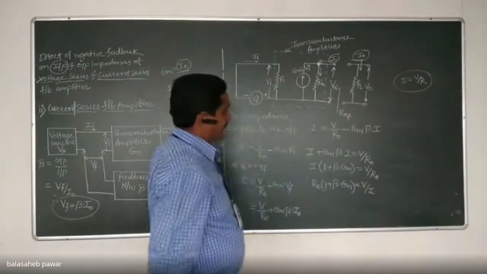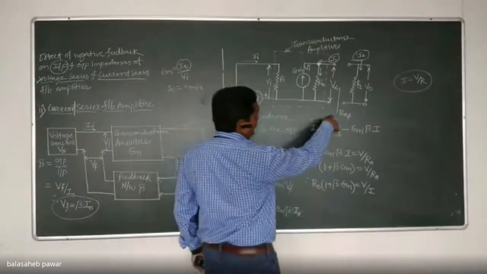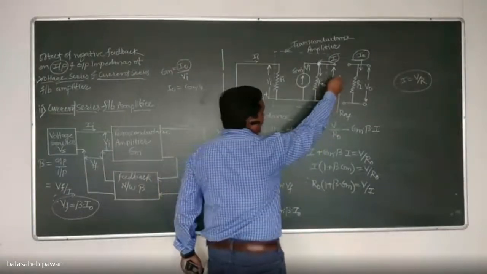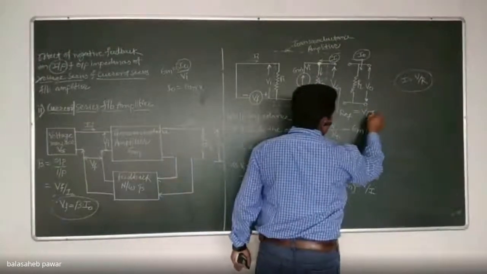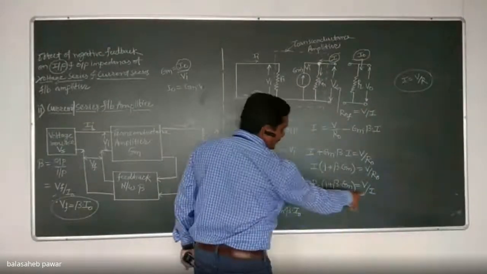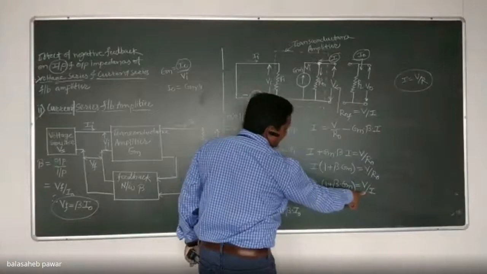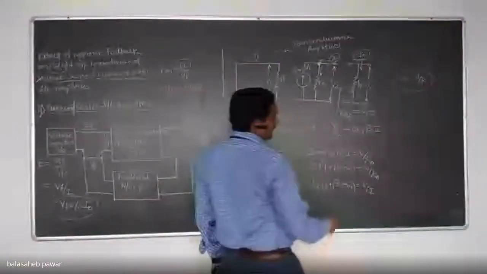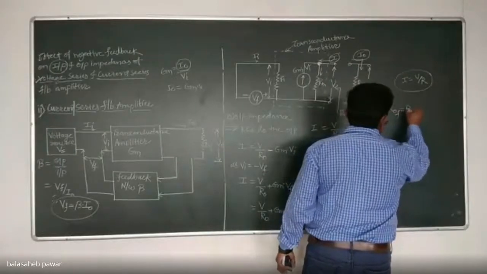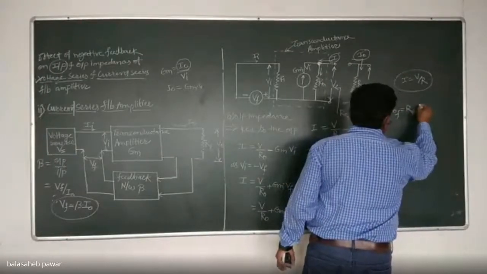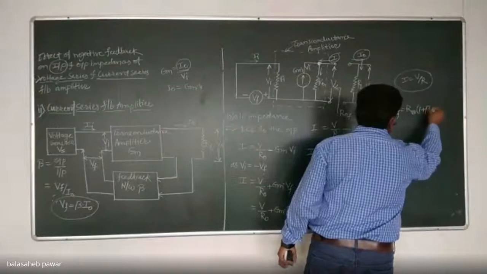And what is this ROF? Looking towards this equivalent, voltage divided by the respective current, that is nothing but V by I. So you will observe this RHS is nothing but ROF. So we can conclude, therefore, ROF equals RO in bracket 1 plus beta times GM.